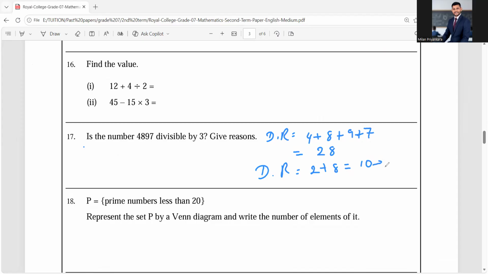Then if you get the digital root again, you will get 1 only, because 1 plus 0 is 1. So 1 is not divisible by 3. Then you can say your answer is no, because the digital root is not divisible by 3. Okay, that's your answer.